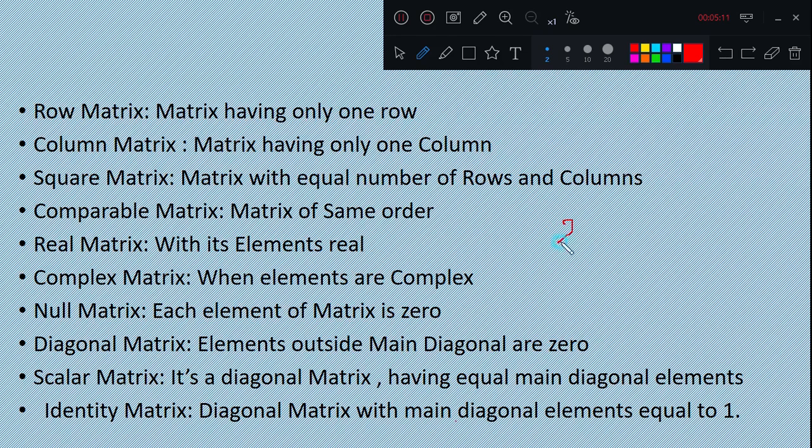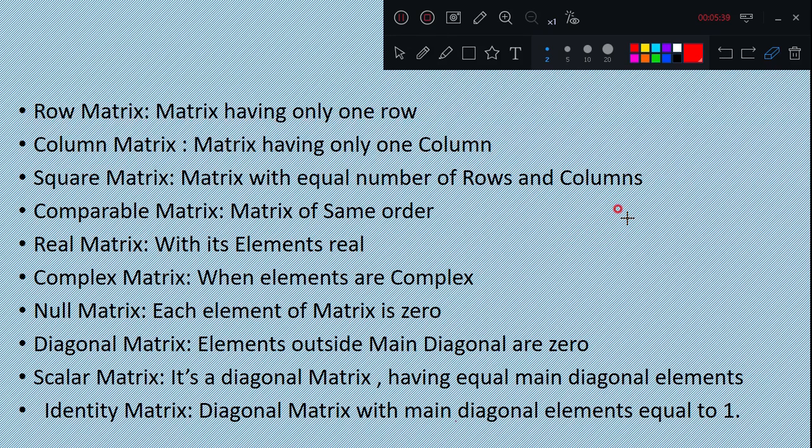For example, if I have 2i plus 5 as one element, 2i minus 5 as another element, 2i minus 7 as the third element, and 2i plus 8 as the fourth element, then that 2 cross 2 matrix will be termed as a complex matrix. Null matrix. A null matrix is a matrix with each element equal to 0.